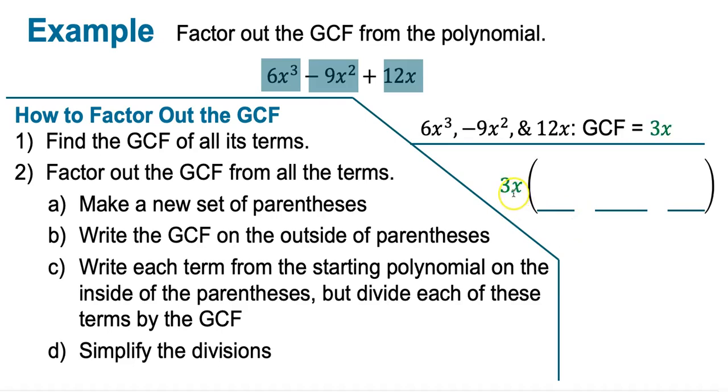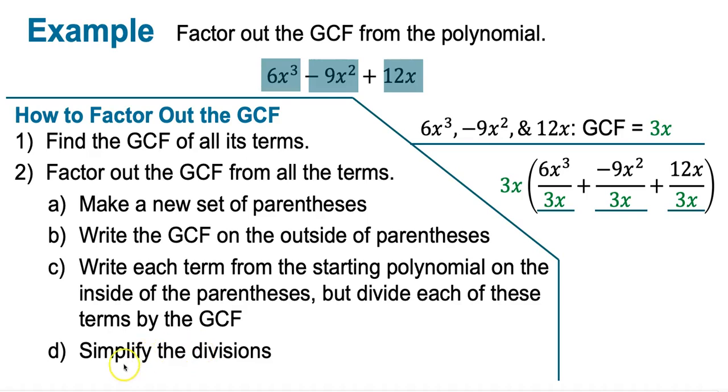The GCF is 3x, I put it on the outside of the parentheses. Now take each of these three terms from the starting polynomial, but we need to divide each of them by the GCF of 3x. Remember how I put a line for each term that was on the inside? Here's my three terms. I take each one of those, put them into their spot, represented by that line, but then I have to divide each of these terms by the GCF.